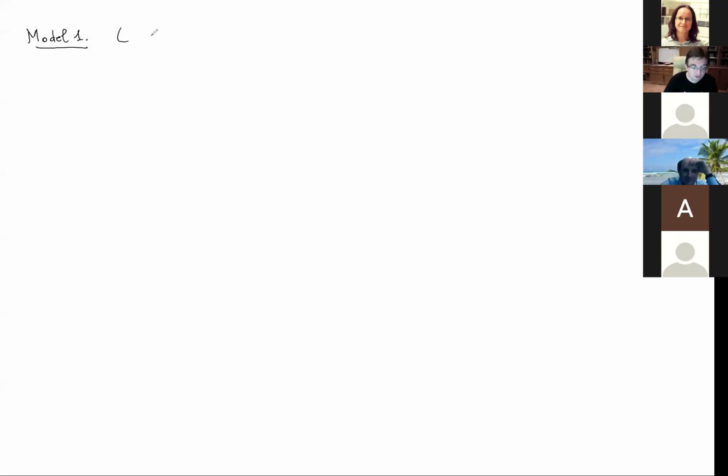This is a model of random samples on a half sphere. So how does this model look? Let S^d_+ be a d-dimensional upper half sphere.